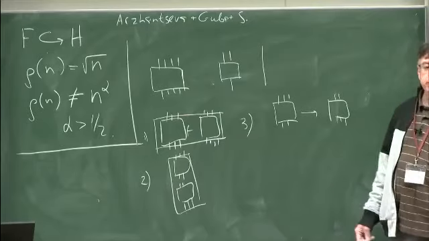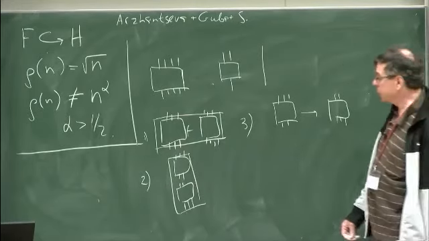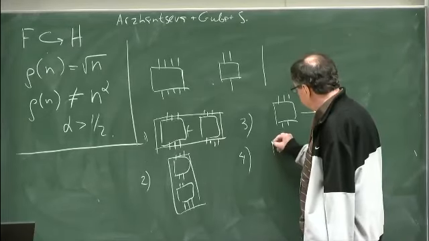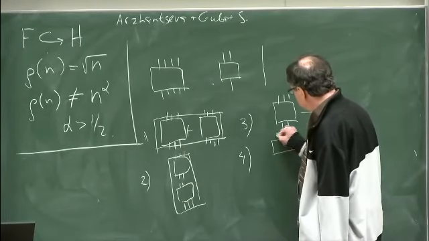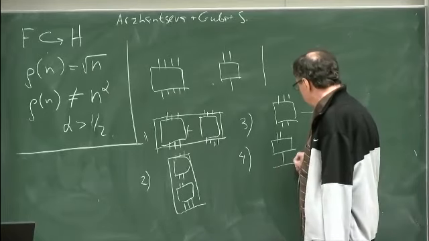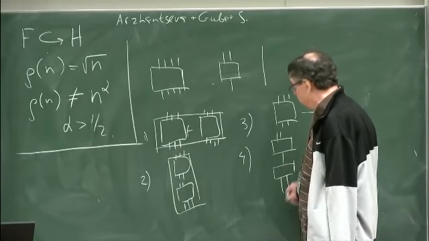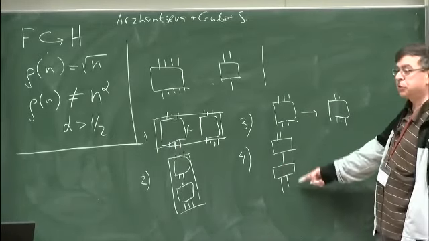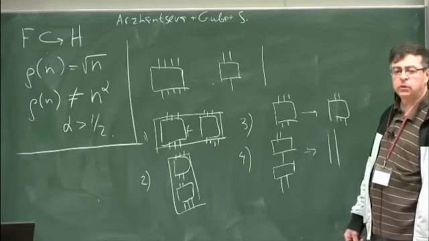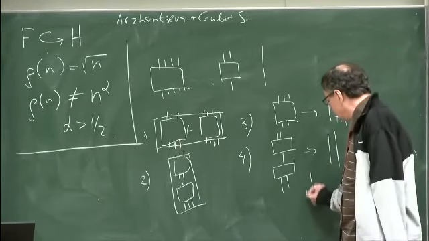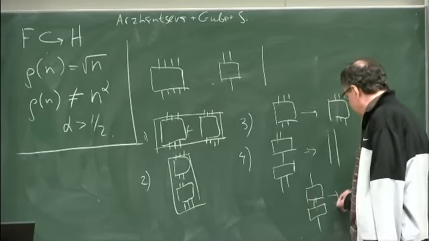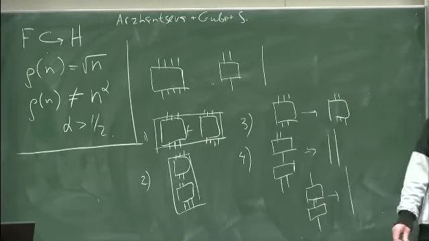And one more thing we need: if we ever have a situation where a transistor is followed by the same thing flipped, we can replace such a picture by just two wires. Or if we have one transistor followed by the same transistor flipped, it's equivalent to just one wire.